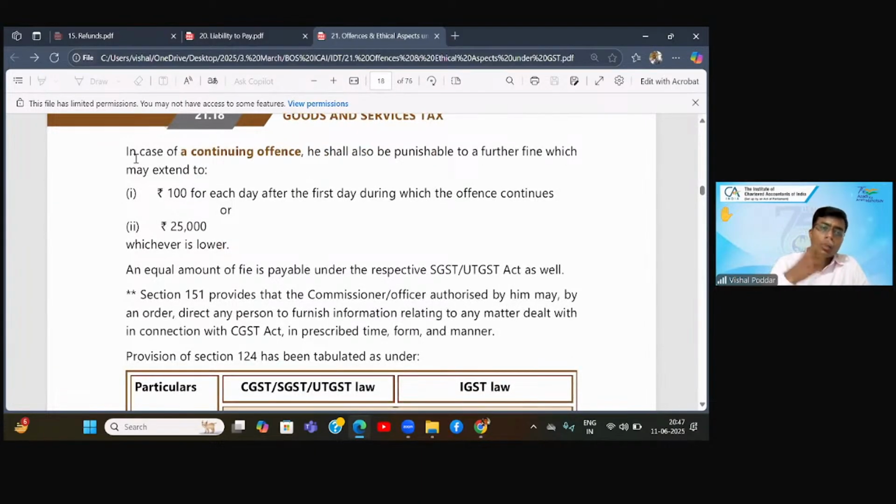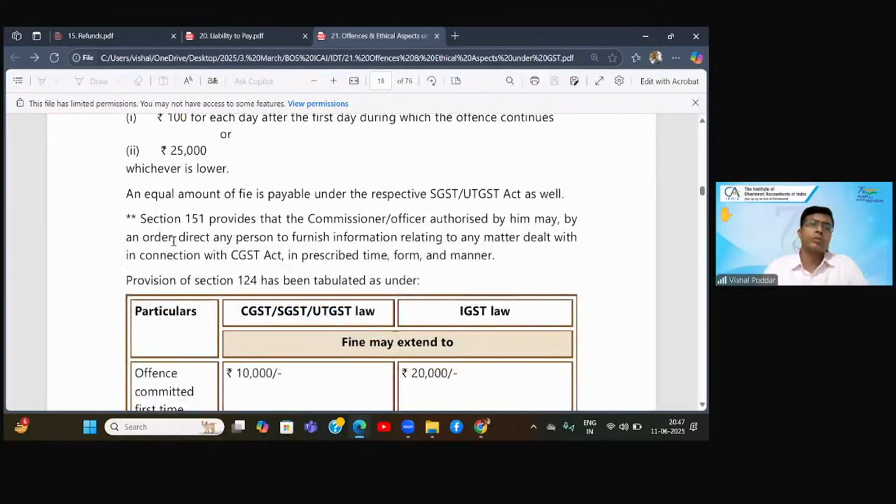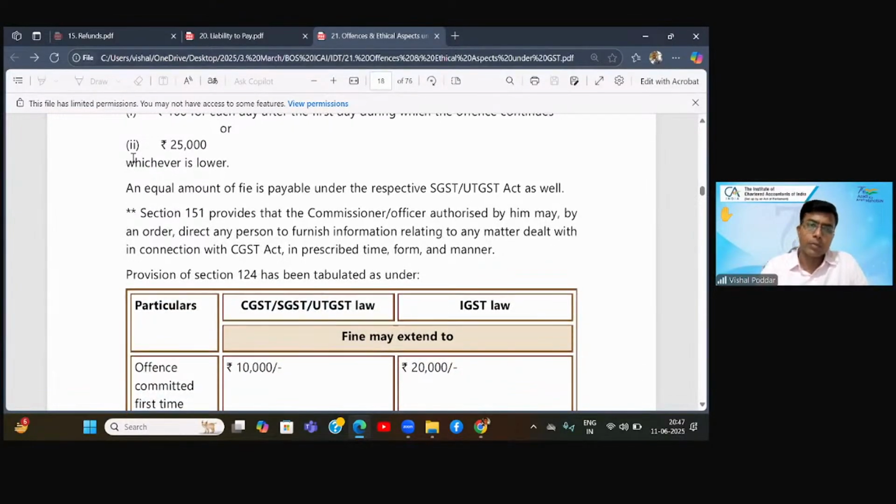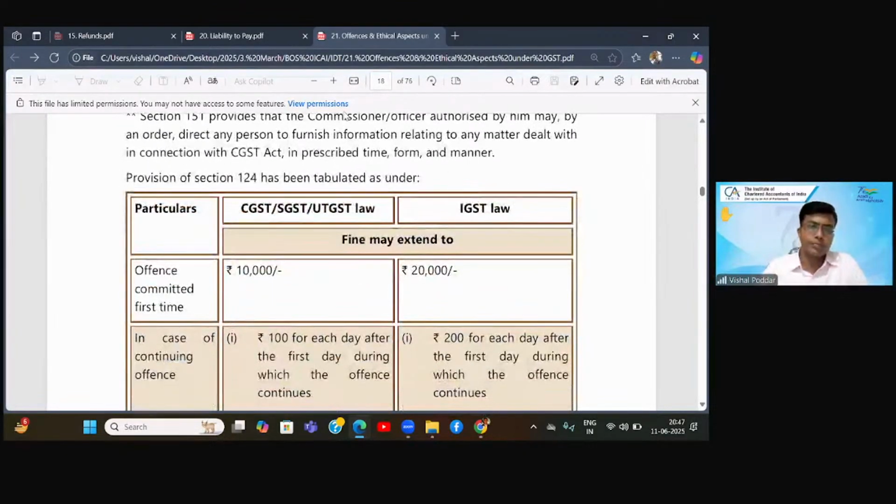And in case you are repeating this, because you have to furnish this information every month, then for all further mistakes it shall be punishable with further fine, which may be up to 100 for each day after the first day during which the offense continues, or 25,000, whichever is lower. Again, this is per act. So an equivalent amount will also be levied under SGST.